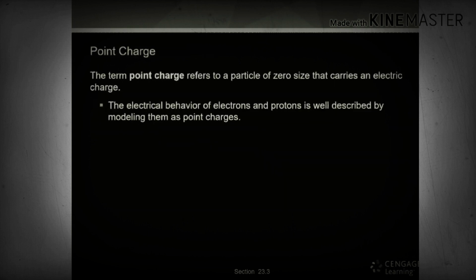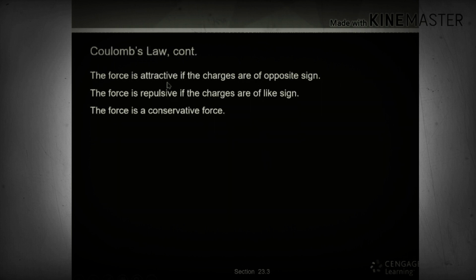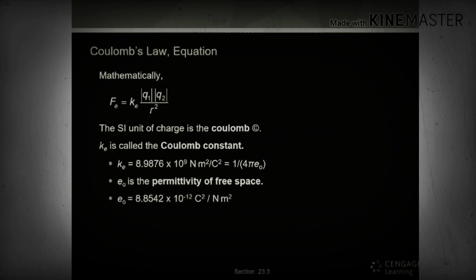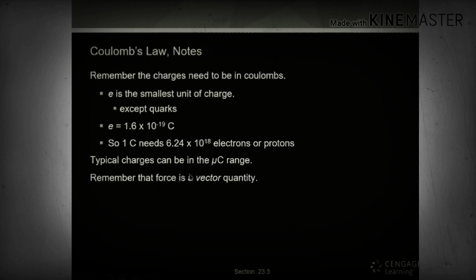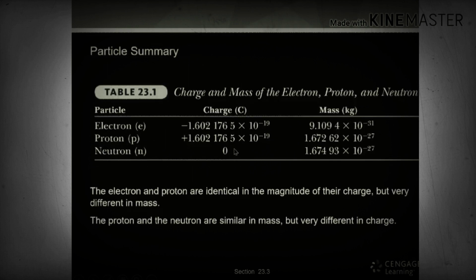Anyway, we've talked about what a point charge is, what Coulomb's law is, and these constants. We talked about how 1 Coulomb is a large number because it needs 6.24 times 10 to the 18th electrons or protons.